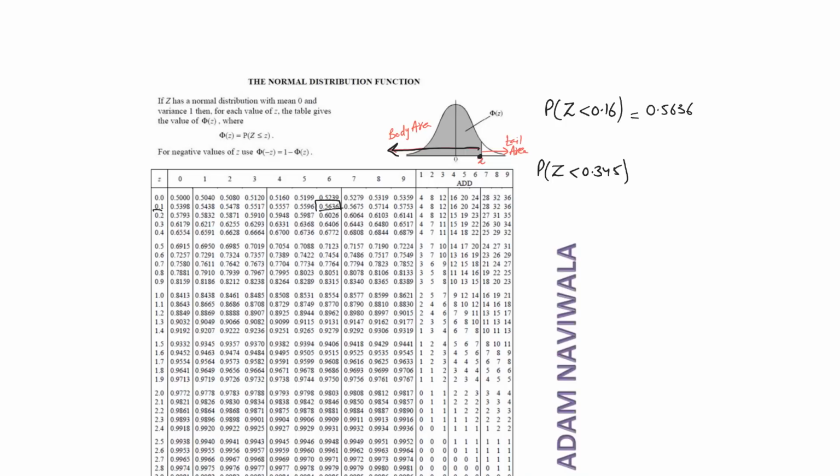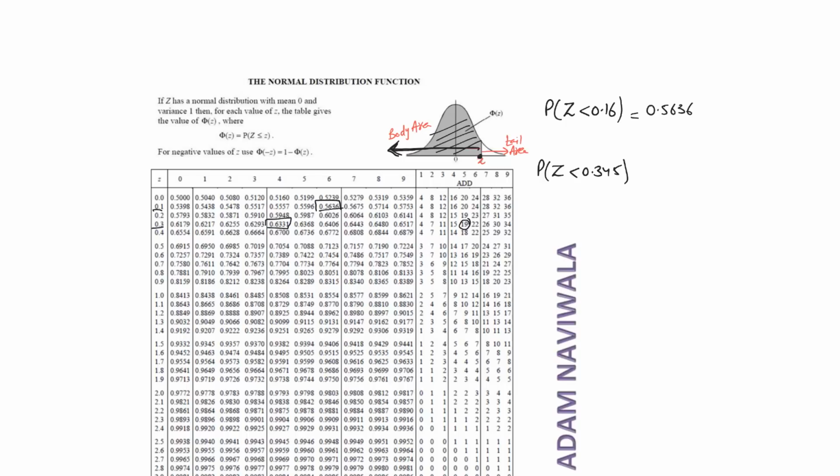So again, you are interested in finding the body area, all of this area, and your table has probabilities for the body area. So 0.345, 0.34. Okay, so right now the probability is 0.6331, and the last digit is 5, which means this one.